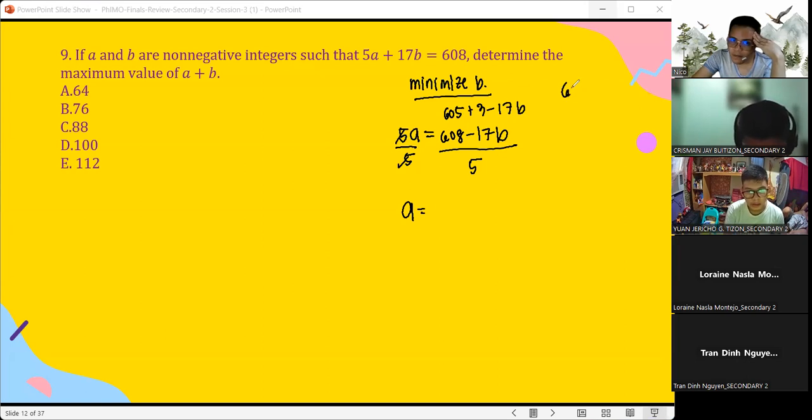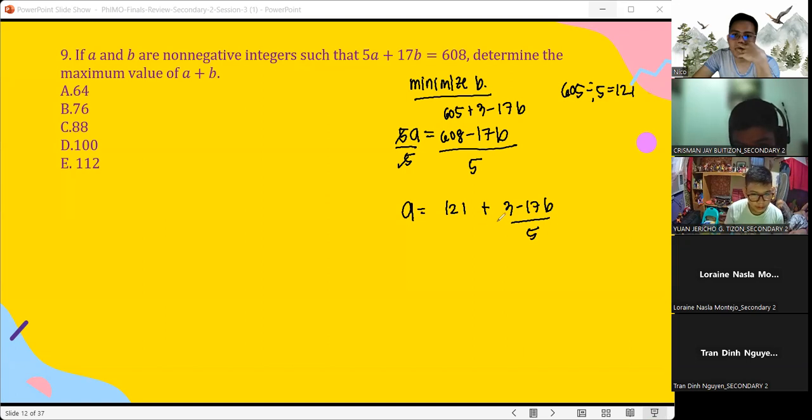So 605 divided by 5, that's 121. So this is 121 plus 3 minus 17b over 5. Okay? So we want to minimize the value for b, but make it a multiple of 5.